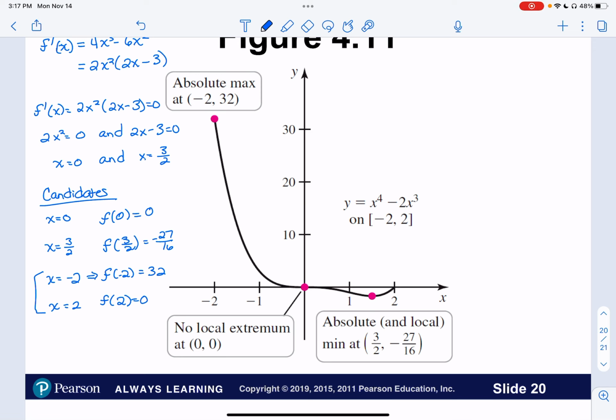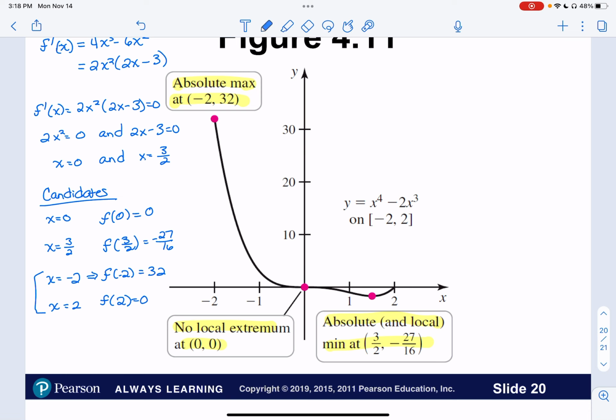Okay, so what I find is that I have an absolute max that you can see here at -2, 32, and then I have an absolute and local minimum at 3 halves and -27/16. I have no extrema at 0, 0.